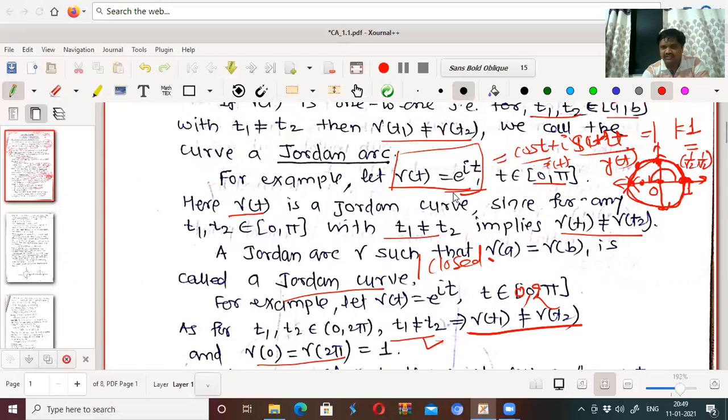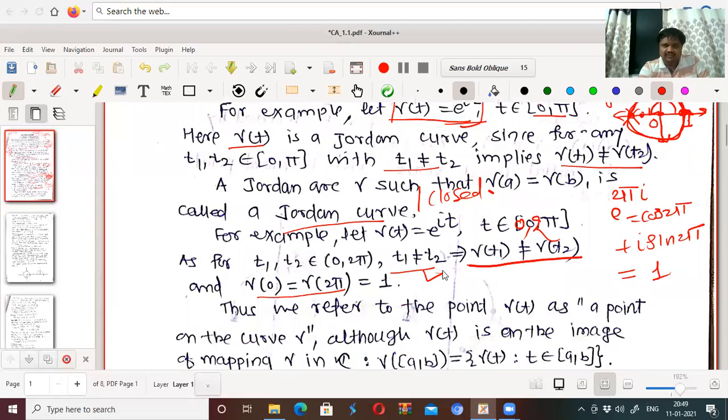Why is gamma at 2 pi equal to 1? e to the power 2 pi i is cos 2 pi plus i into sin 2 pi. Cos 2 pi is 1 plus i into sin 2 pi, which is 0, so it is equal to 1. So only at the initial point does this curve meet itself, and at all other points it is not intersecting. Therefore such a closed curve is called a Jordan curve or simple closed curve. Sometimes we call it a simple curve also.